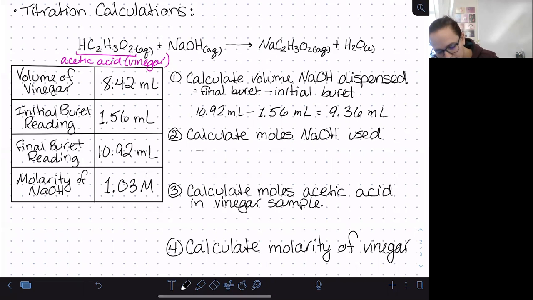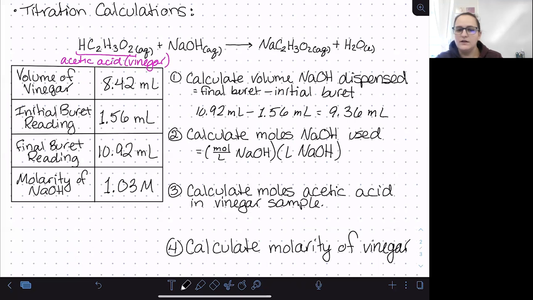So my moles of NaOH is just going to be the molarity of NaOH, which is the same thing as moles per liter, times the volume of NaOH in liters. In step one here, we calculated the volume of NaOH in milliliters, so we just need to convert that by dividing by 1,000. The molarity is given to you in the lab. So we have a molarity in this example of 1.03 moles per liter.